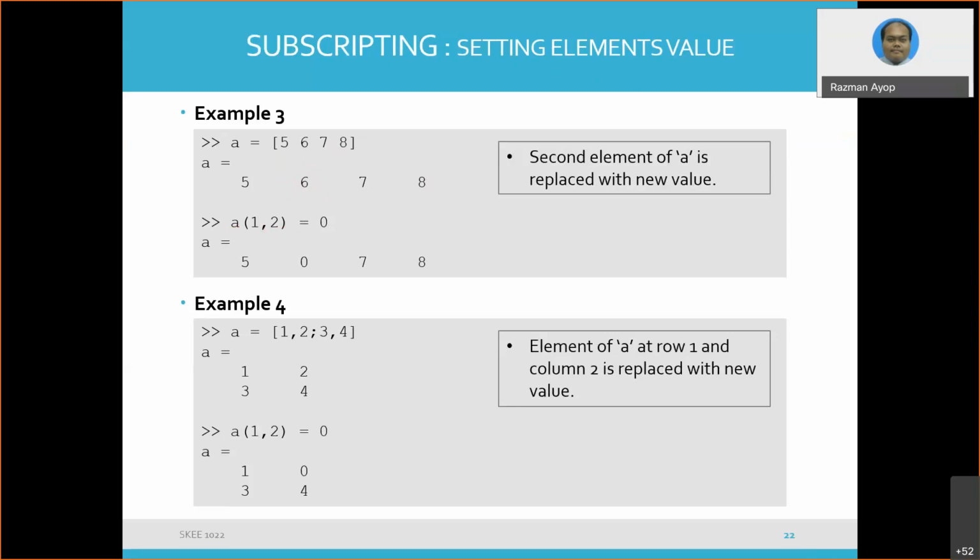Now, for this one, it is replacing with a new value. For example, you want to replace number 6 with another number. You write A(1,2) = 0. So after A originally has this number, when you write something like this, it will replace 6 with 0.